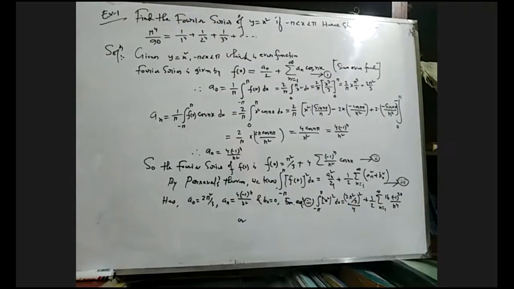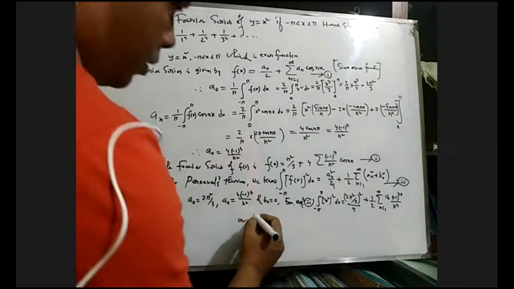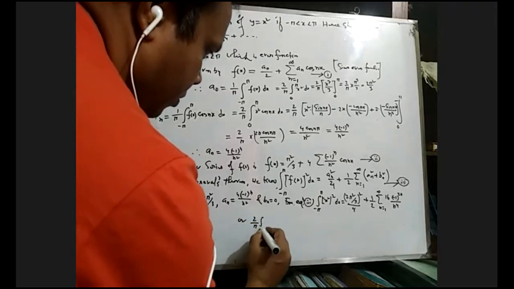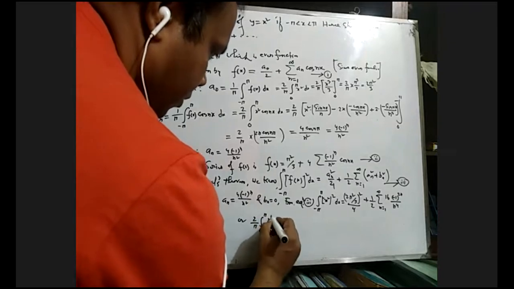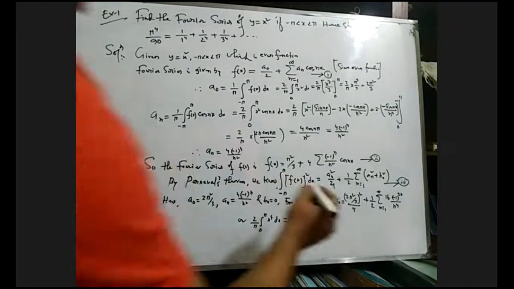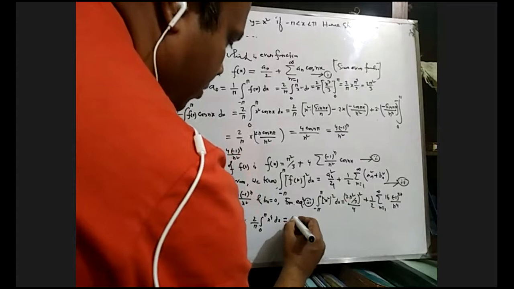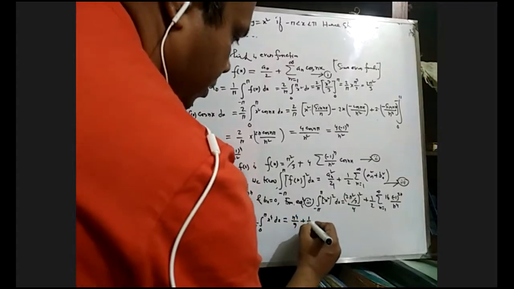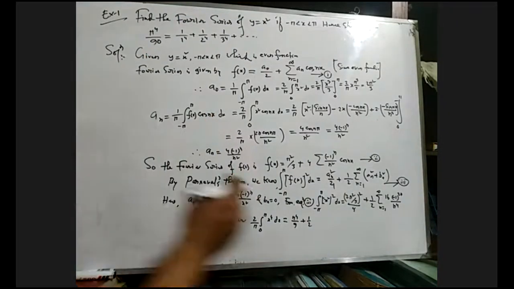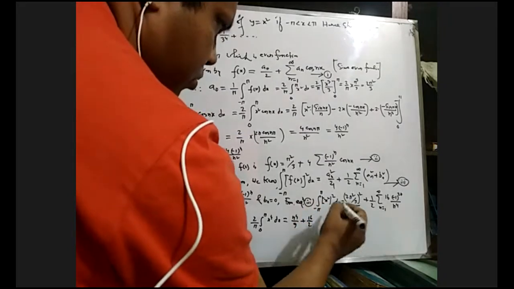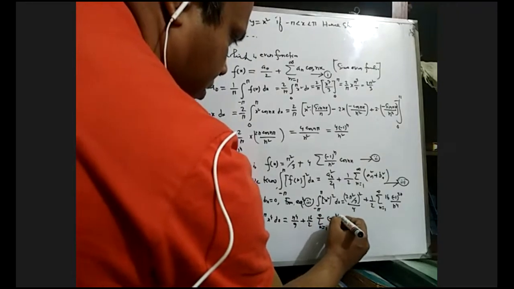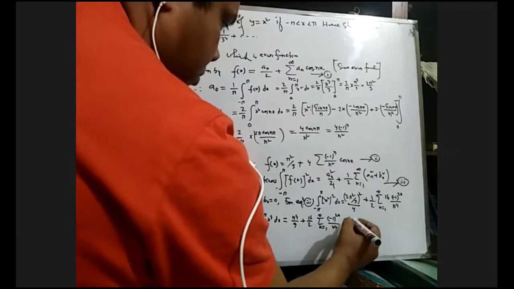So from this we can write 2 divided by pi, 0 to plus pi, x to the power 4 dx equals, we can write 4 will be cancelled, so pi to the power 4 by 9, plus half, 16 by 2 summation n equals 1 to infinity minus 1 to the power twice n divided by n to the power 4.